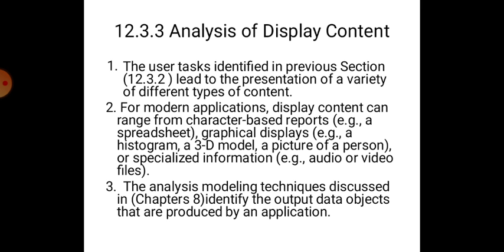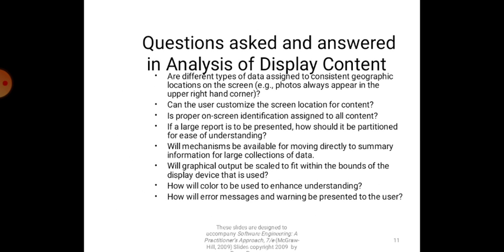Point number 3. The analysis modeling techniques discussed in chapter 8 identify the output data objects that are produced by an application. Questions asked and answered in analysis of display content are: are different types of data assigned to consistent geographical locations on the screen? For example, a photo always appears in the upper right hand corner.